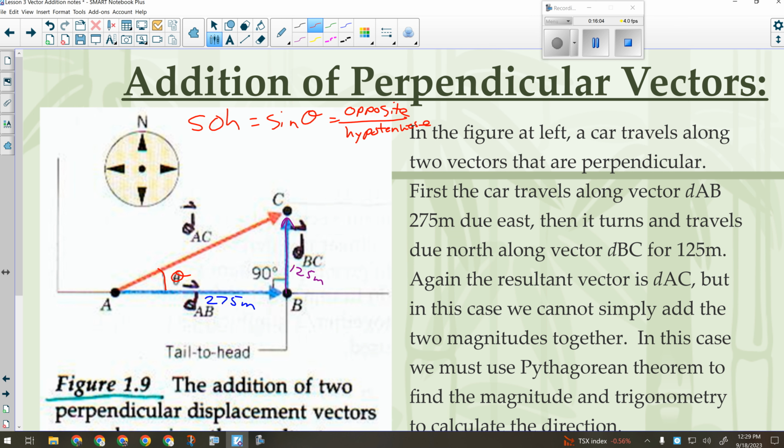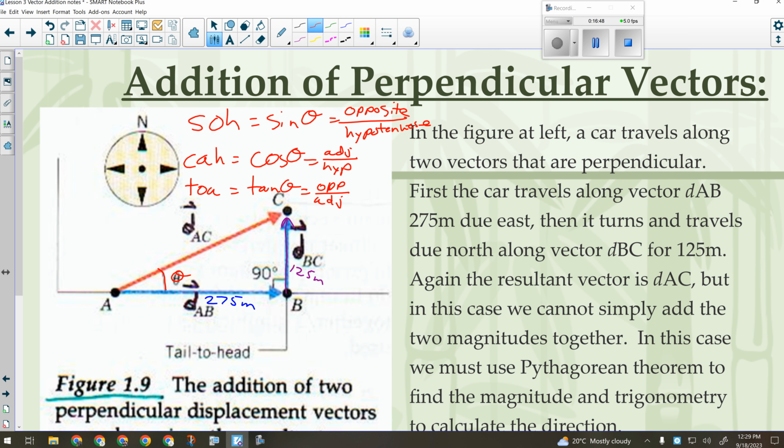Hypotenuse never looks right. Doesn't matter, you know what I meant. So cos, you use adjacent over hypotenuse, and tan is opposite over adjacent, sine is opposite over hypotenuse, cos is adjacent over hypotenuse.